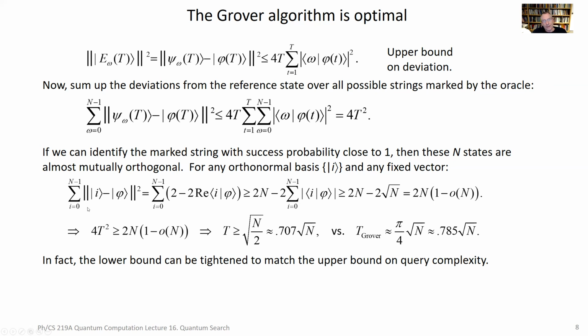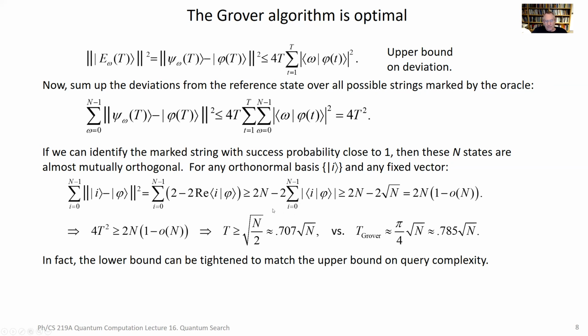When I evaluate that, the norm squared is just the inner product of this with itself. So we get the inner product of I with I and of phi with phi, that gives me 2. But then we have minus inner product of I with phi minus inner product of phi with I. That's just going to be minus 2 times the real part of the inner product. Here I have 2 appearing capital N times, so that just gives me 2n.